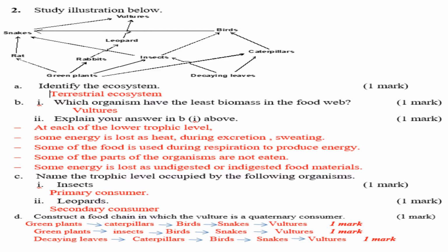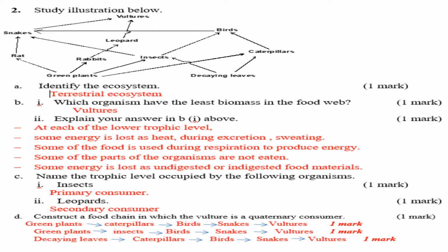We also have decaying leaves eaten by insects, which are eaten by snakes, which are eaten by vultures. So you are supposed to study this food chain carefully so that you can answer the questions you'll be asked. Question 2a: identify the ecosystem.